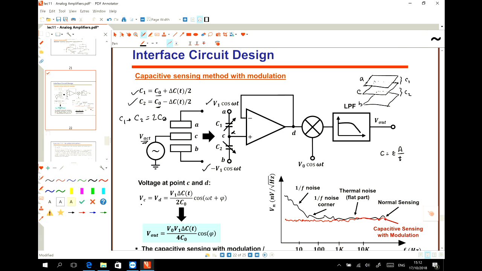Then I put a unity gain amplifier, so the voltage at point C and the voltage at point D are equal. So VC equals VD, and it is equal to this one. Why is it equal to this?